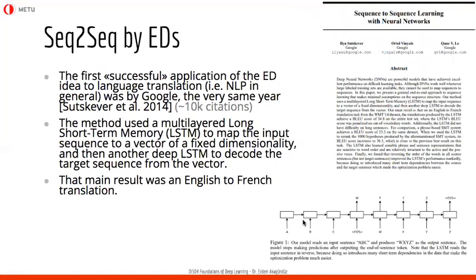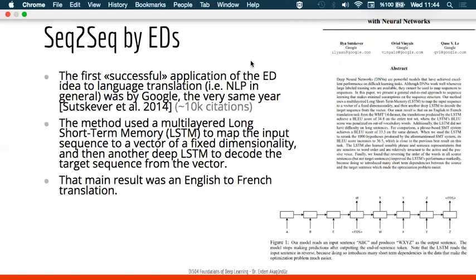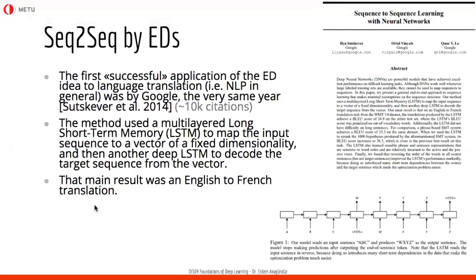Let me draw it because this drawing is not properly true, remember. So let's design a machine translation system. LSTM 1, LSTM 2, kind of. So you feed a sentence to this.